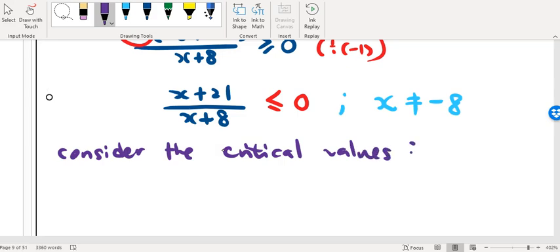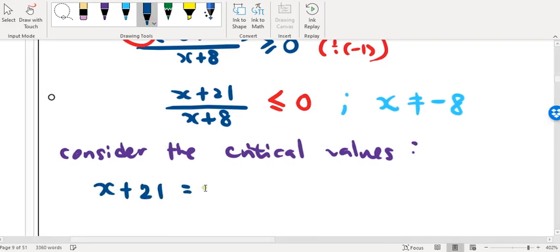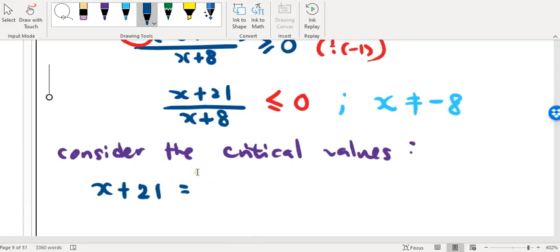So just get the statement in: x plus 21 equal to 0, and after that x plus 8 equal to 0, because you already said it's not equal to -8.